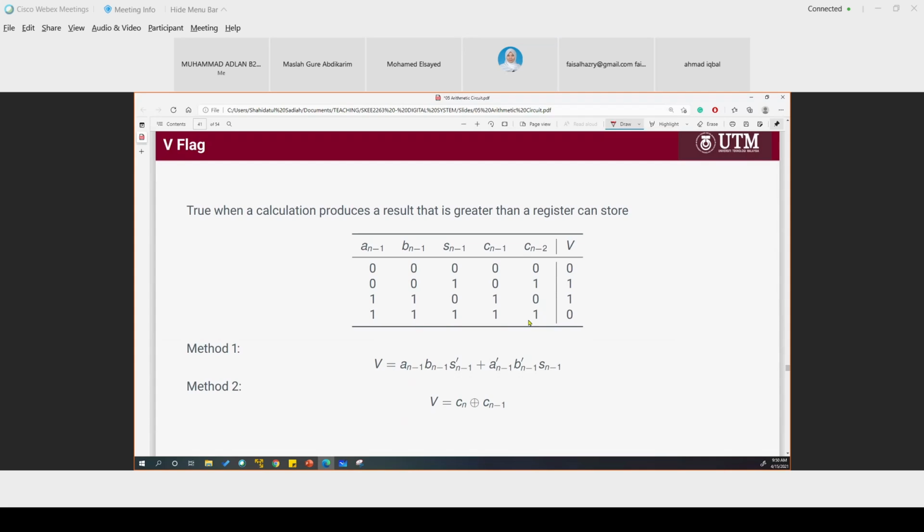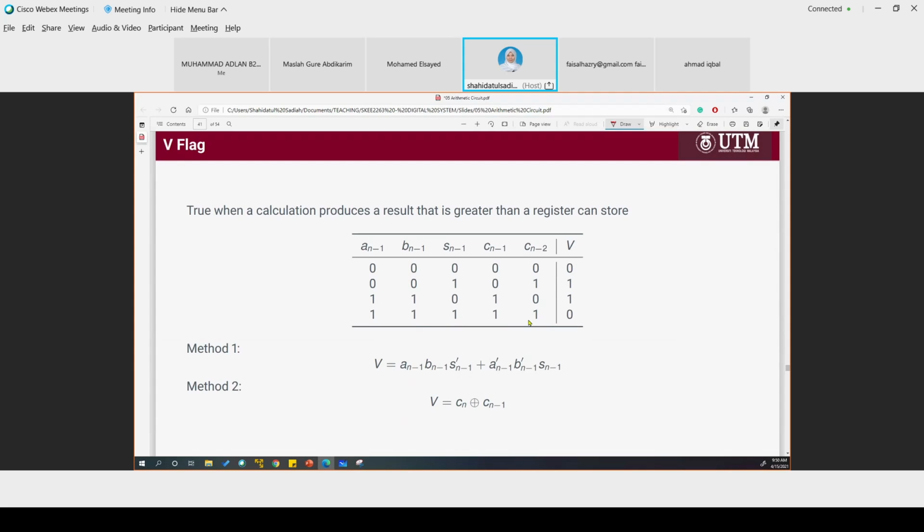And then the V flag. There are 2 methods to calculate the V flag. The first is to use these 5 parameters: A n minus 1, B n minus 1, sum n minus 1, and C n minus 1, and C n minus 2.